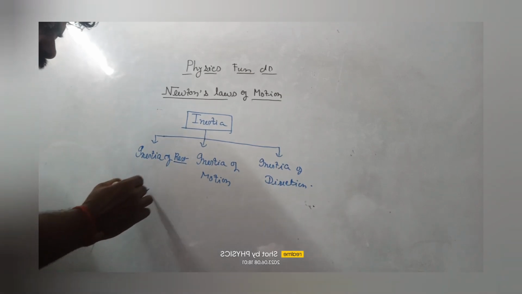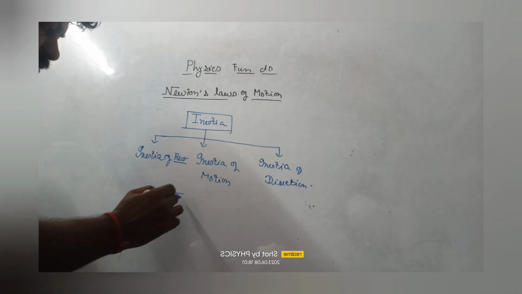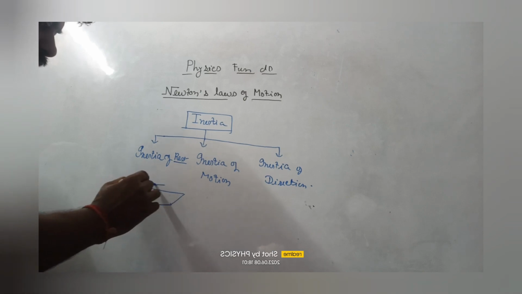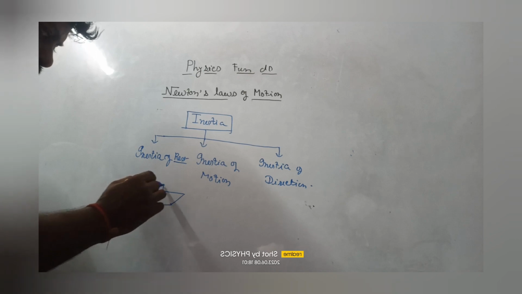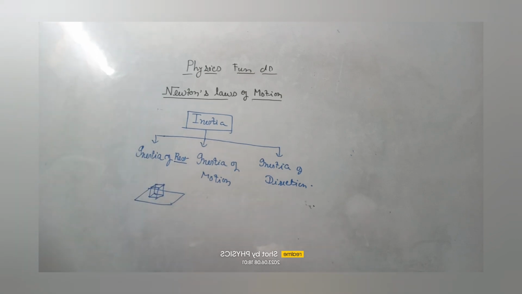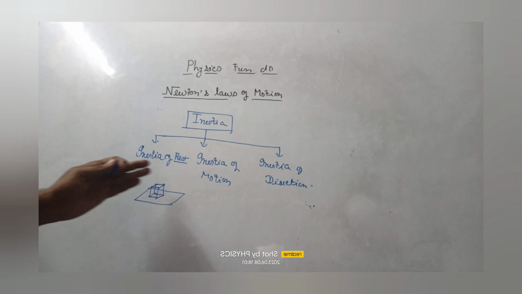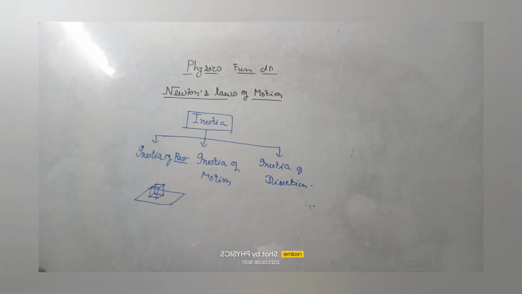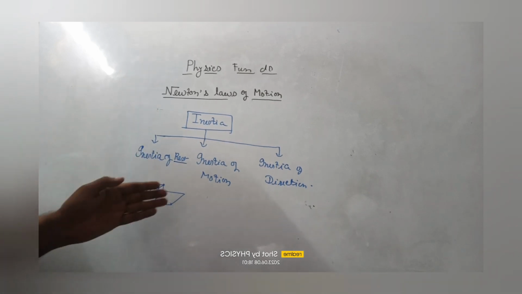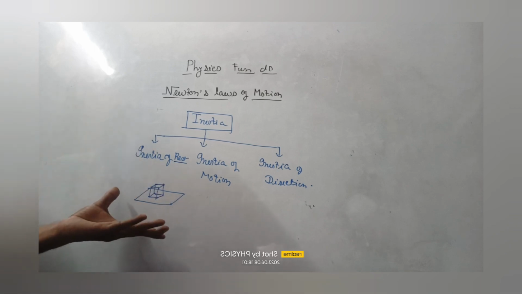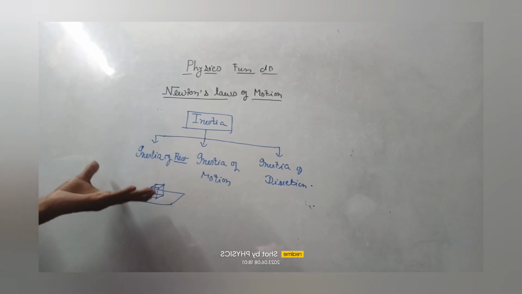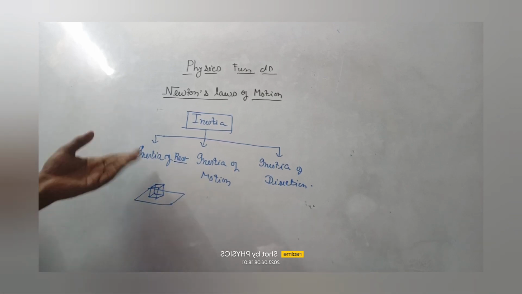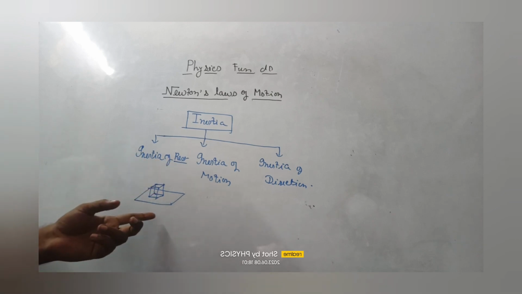Let us consider a plane on which a wooden block has been kept. It will continue its state, but if we try to move it, it tries to be at rest. This is called the inertia of rest.